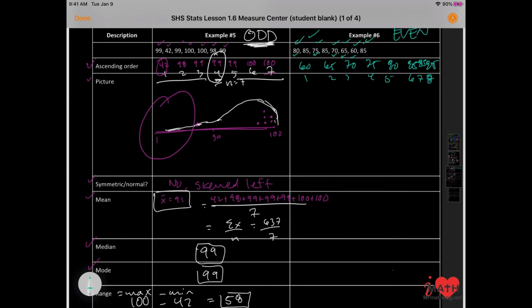If you do your graph or your distribution, let's just say you have all those 60, 65. I'm just trying to draw you a dot plot to give you an idea what it looks like. So here's the advantage of going from least to greatest.